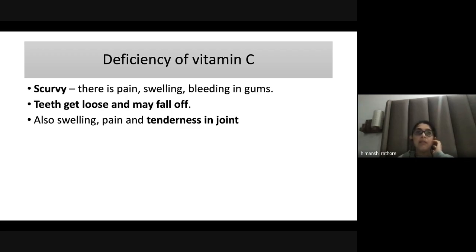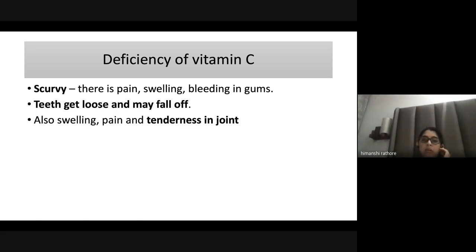And there is pain, you are not able to chew your food, you're not able to have any kind of food. Why? Because the vitamin C is not there in your body in right amount, and you have developed scurvy, which is a painful condition where your teeth fall and your gums start bleeding, and you have swelling.